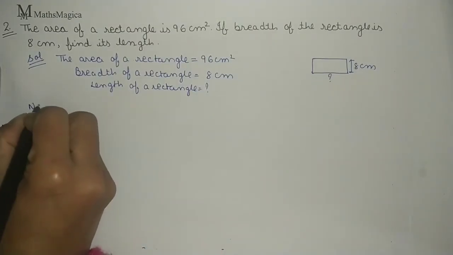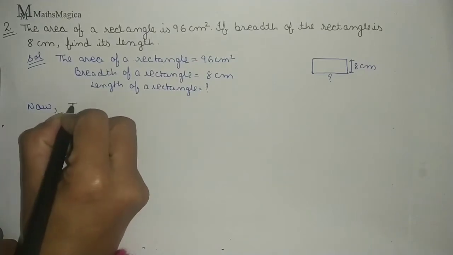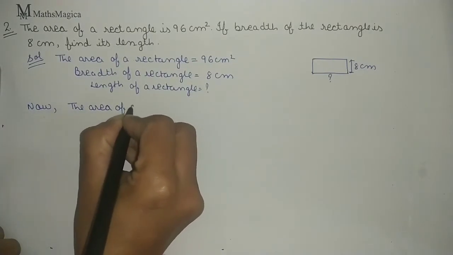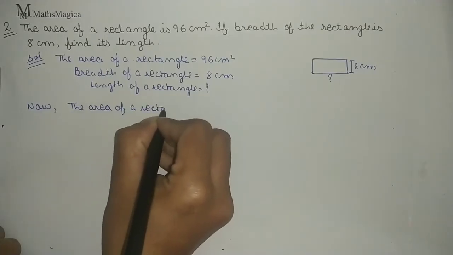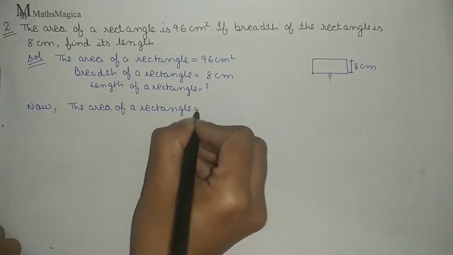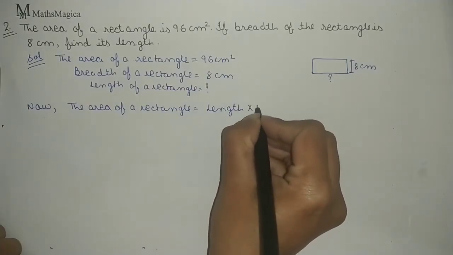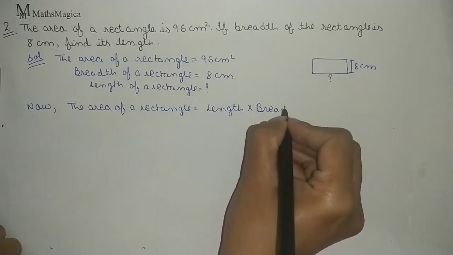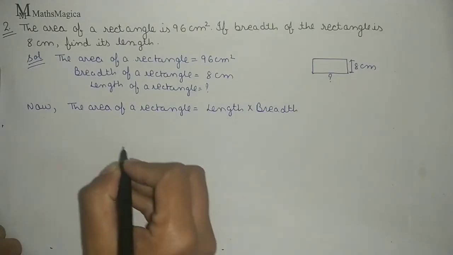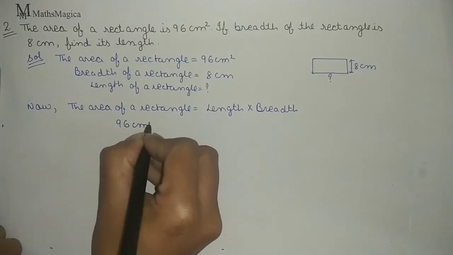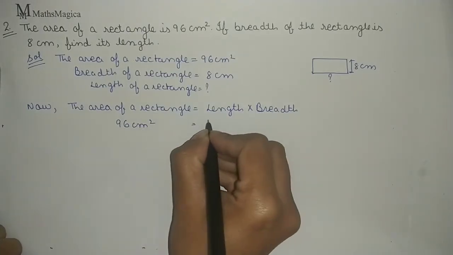Now, use the formula of the area of a rectangle is equal to length multiply its breadth. Put the values. Area of rectangle is 96 cm square. Find out length.